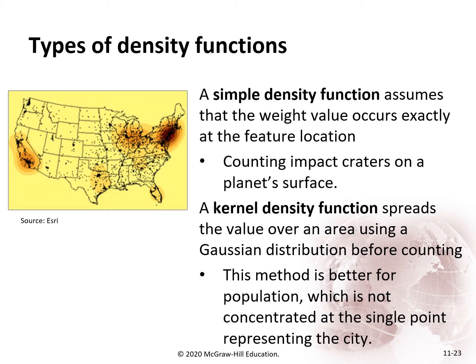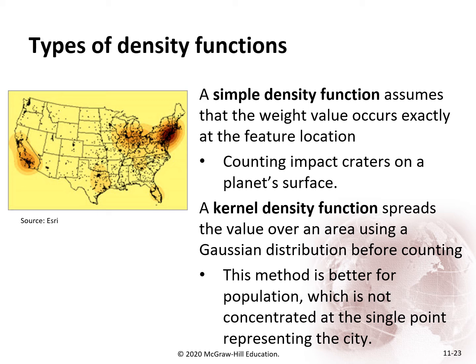Two types of density functions: a simple function, which assumes that the weight values occur exactly at the feature location. Counting impact craters on a planet's surface is kind of an example of how you could do that. A kernel density function spreads the values out over an area using a Gaussian distribution before the counting. This is better for population, which is not concentrated at a single point.